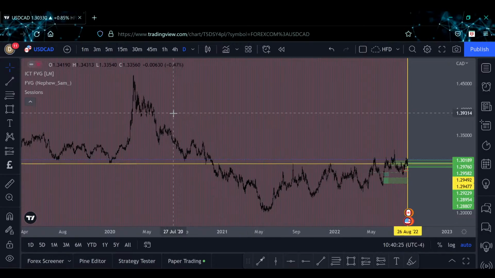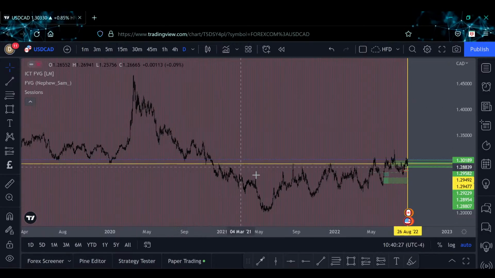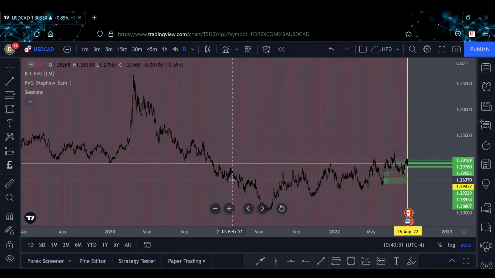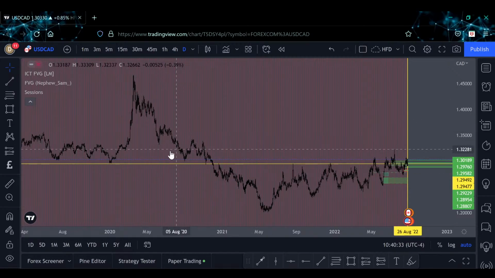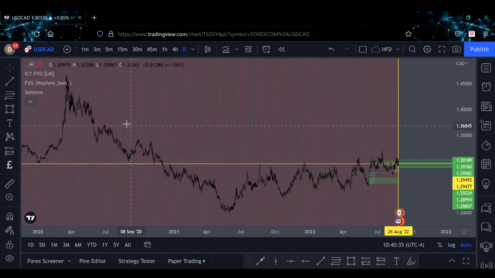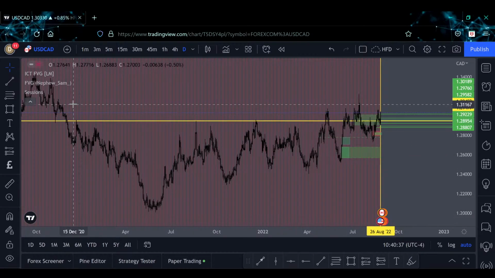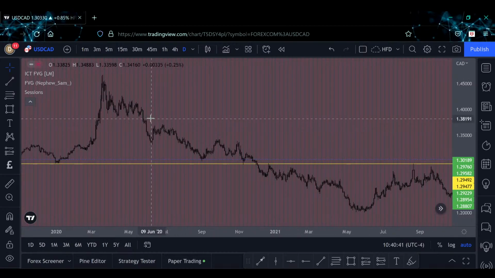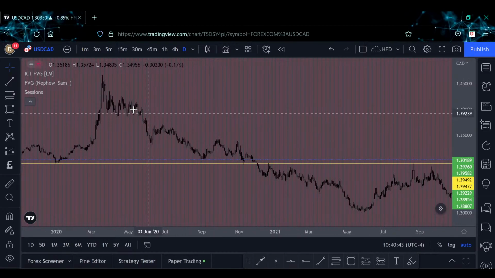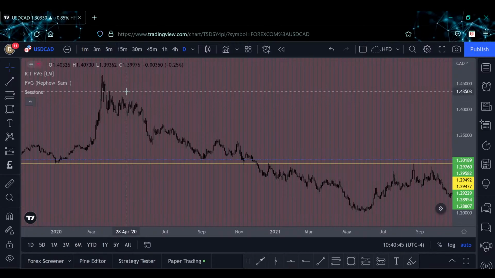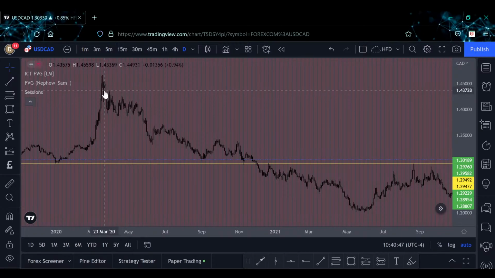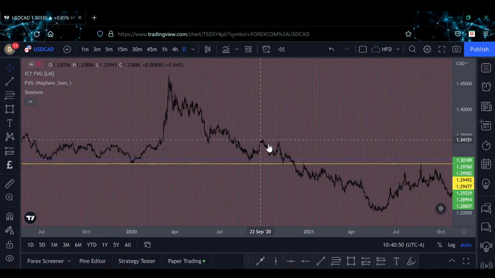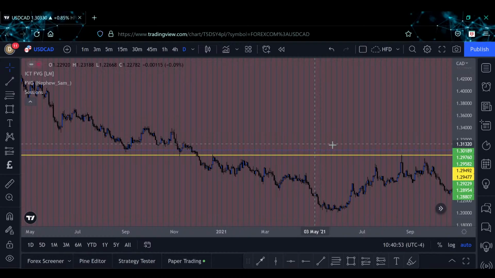So there's still a lot of liquidity in these areas. It could be targeted. There's a lot of imbalance as well. Gaps. There's a small gap here. See it? So on a daily time frame, USD CAD could be heading back up.